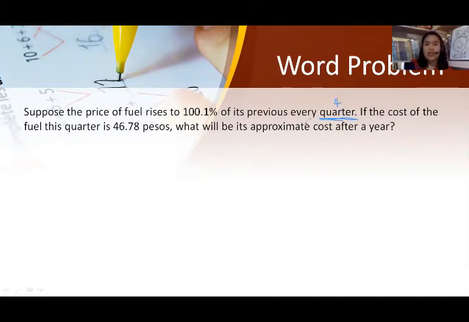Now, according to this problem, the price of the fuel increases at 100.1% of 46.78 pesos. So, kung titingnan natin mabuti, given na yung ating first term, which is 46.78 pesos. Now, we have to get the 100.1% of that price.